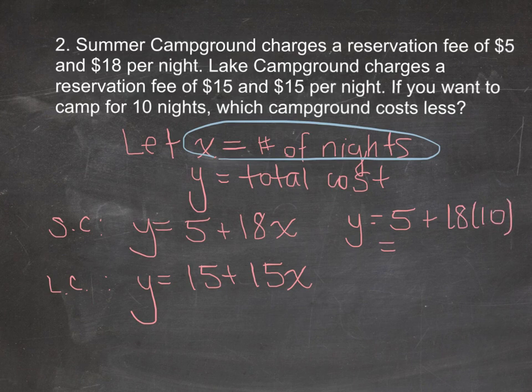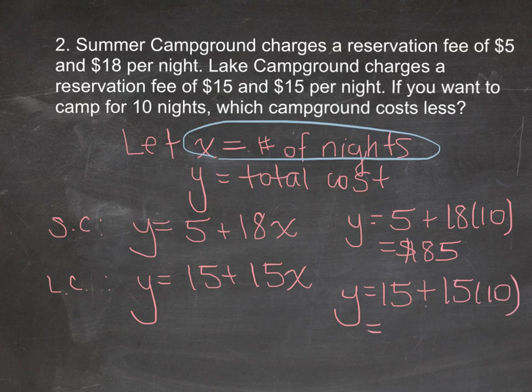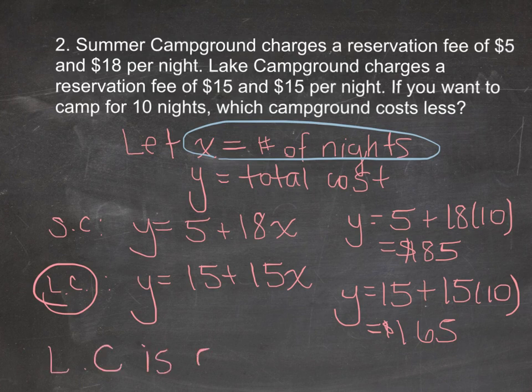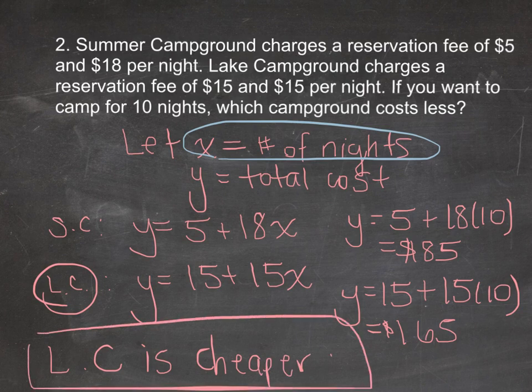So that's 5 plus 180, so that's $185. And in the second one, if I put in x is 10, I'll have 15 plus 15 times 10. So I'll have 150 plus 15, so $165. So I see here that the lake campground would be cheaper for 10 nights. Okay, so that's it. Hopefully it has running water and showers.